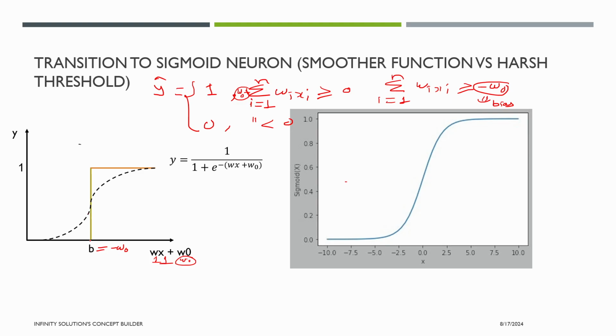So we know that there is a harsh thresholding that happens at b equals minus w0. That is, when this value exceeds minus w0, there's a harsh thresholding. So let's say we are analyzing real life data, say the salary of a person per annum, 100k, 200k in US dollars, 50k and so on.